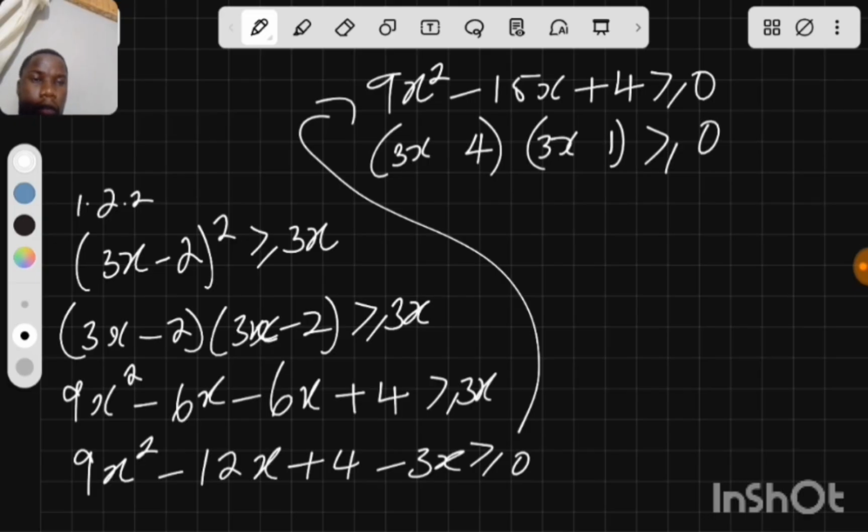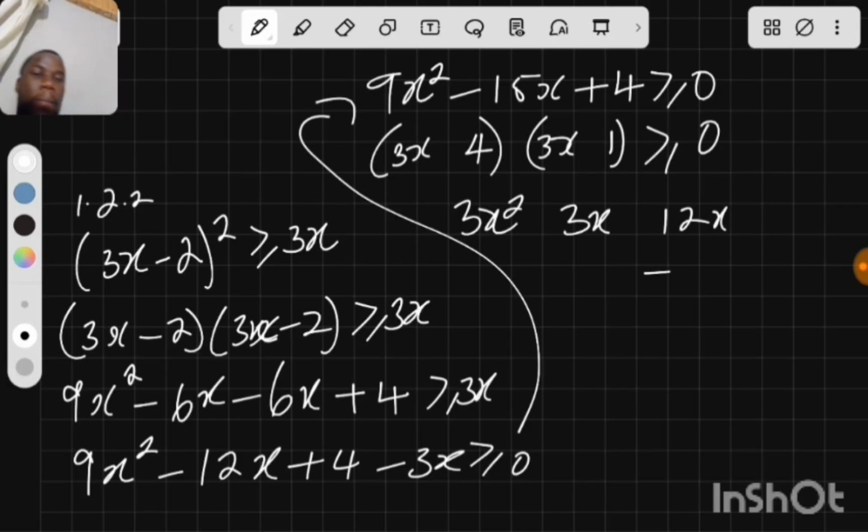This one times this one gives you 3x, and this one and this one, 4 times 3x gives me 12x, which together is 15x.